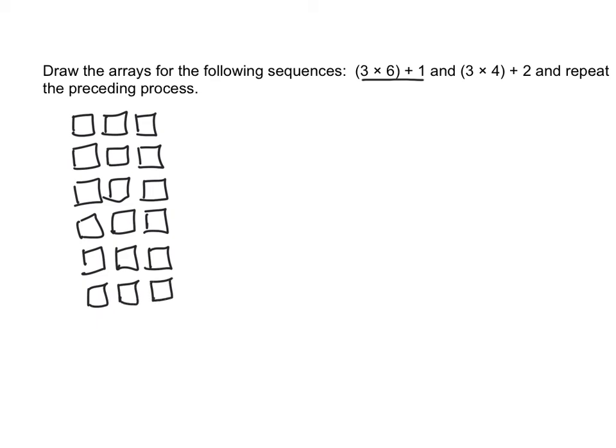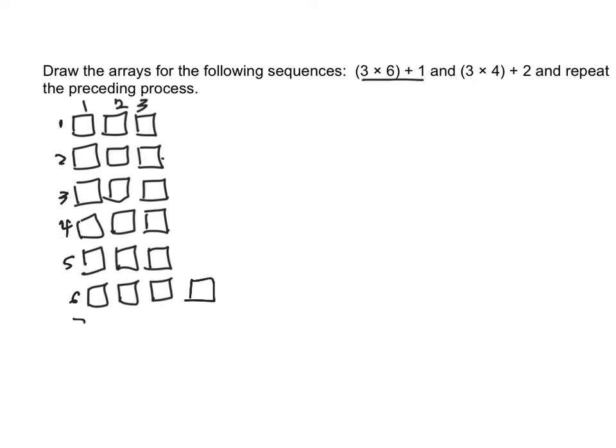So we have 3 groups of 6. 1 group of 6, 2 groups of 6, and 3 groups of 6. We also have 6 groups of 3. 1, 2, 3, 4, 5, 6 groups of 3. And then we have to add our 1. So what is our multiplication problem here?